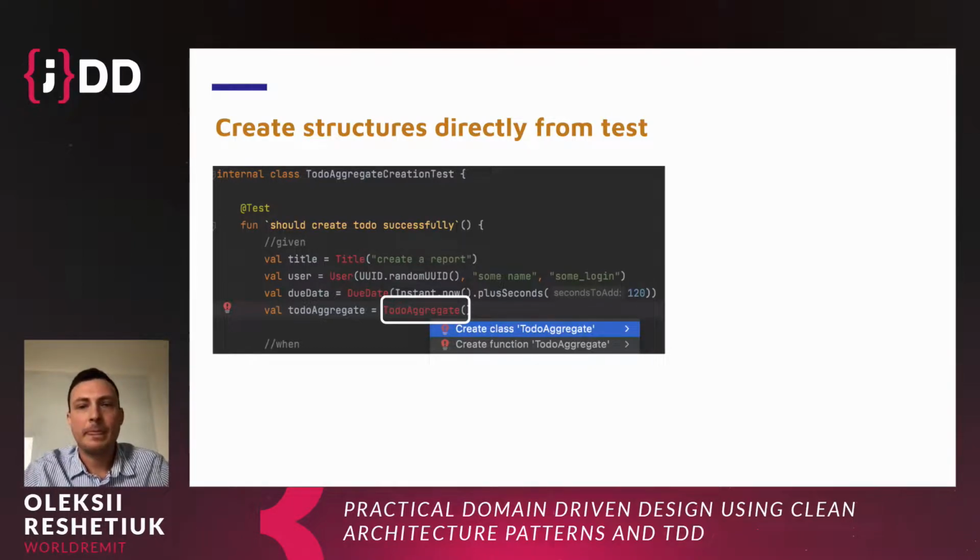It is very important to concentrate on what the test is going to do, not being too distracted by the implementation of the structures and the logic itself. Just build minimal structures and create only what will be used in this test. Yes, and we see some structures like title, user, due date are not created yet.